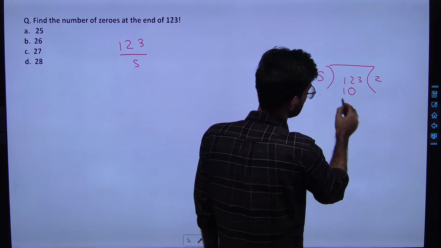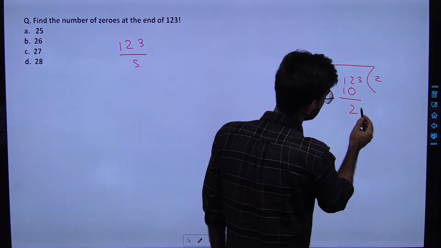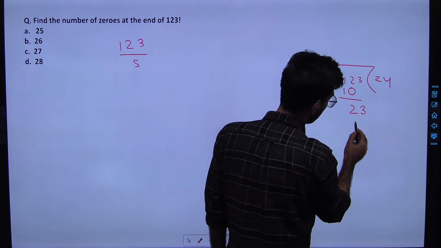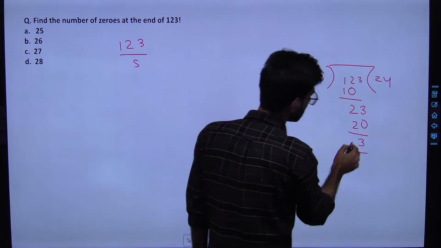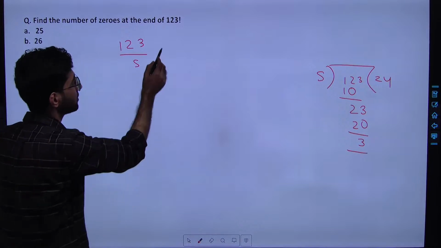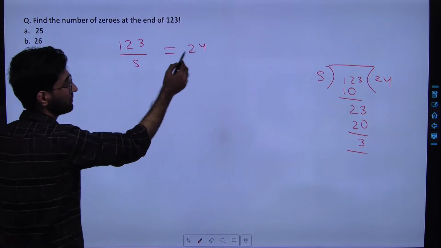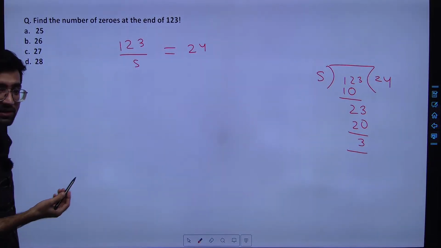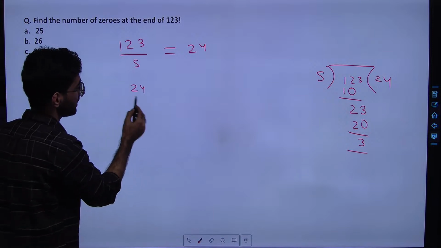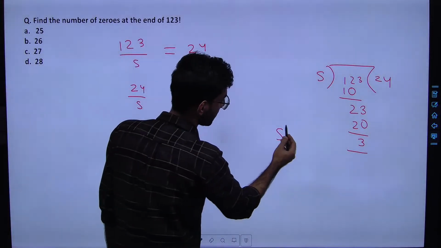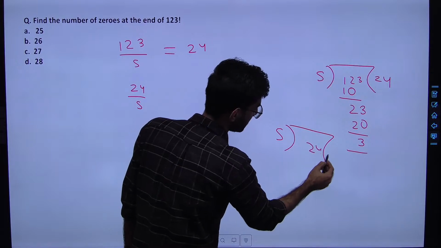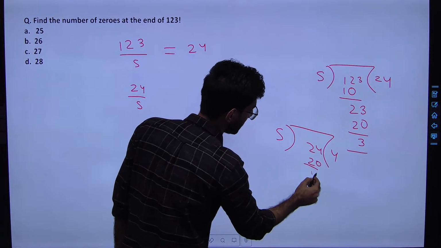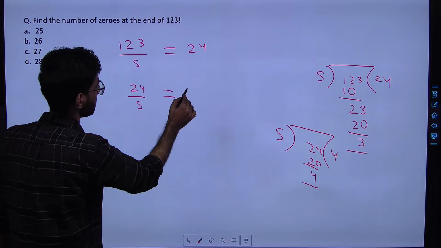5 into 2, then 2, then 3, 5 into 4, so the quotient will be equal to 24. We can divide 24 by 5, right? If you divide 24 by 5, 5 into 4 is 20, so the quotient will be 4.